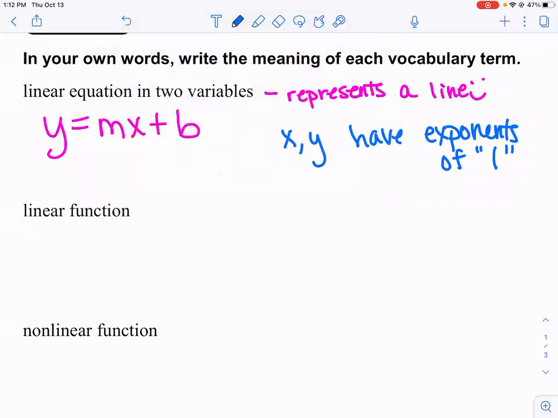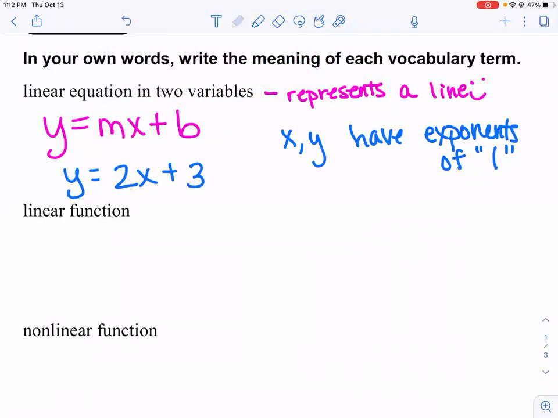Like this is x to the first, but I'm not writing x to the first. This is also b to the first. Technically, yes, but b is going to be a number, m is going to be a number. So for example, y equals 2x plus 3 is a linear function.